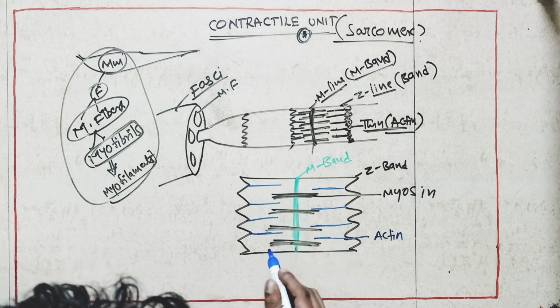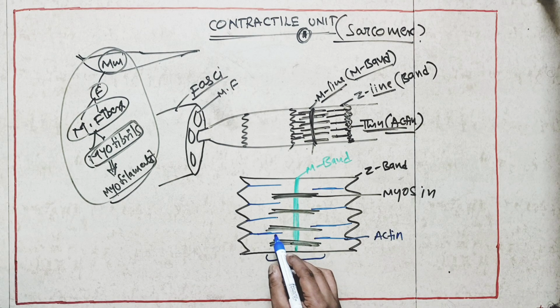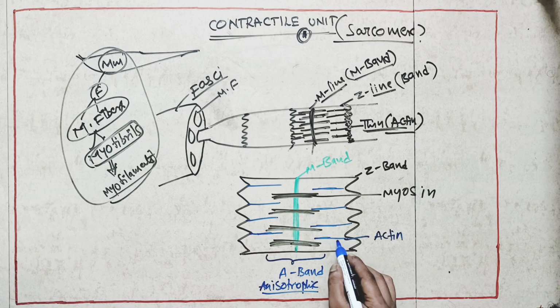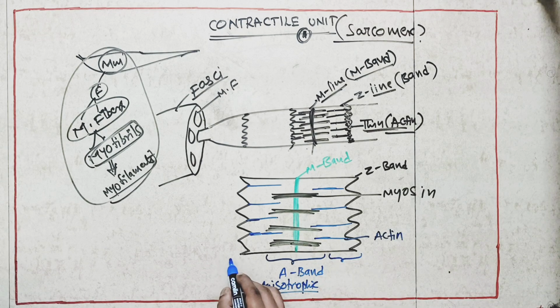Wherever we see thick and thin filament, this portion, the thick filament and thin filament together, is the A band, that means the anisotropic band. The portions where we see only thin filament, with no thick filament, are called the I band, the isotropic band.